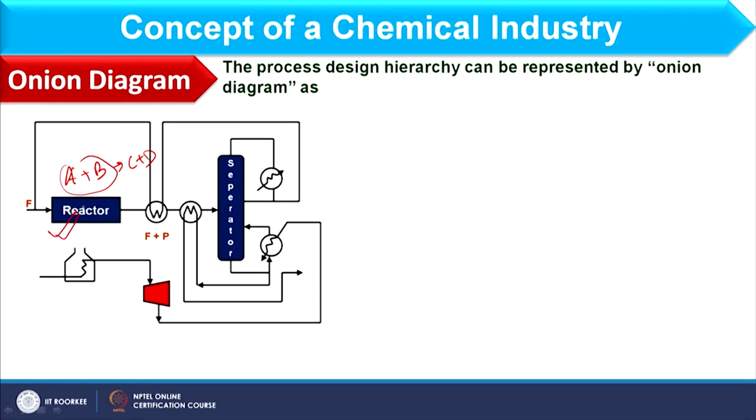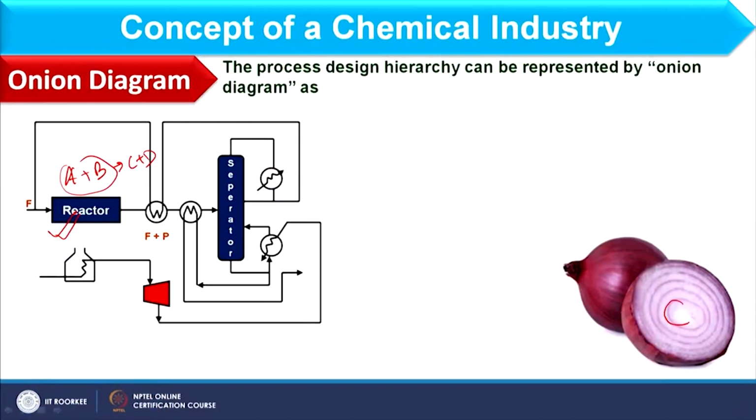So, reactor is the core of a chemical plant. In the onion diagram, the innermost layer of the onion we consider as a reactor.